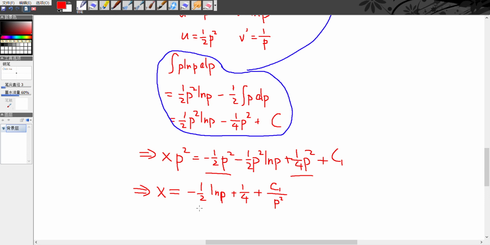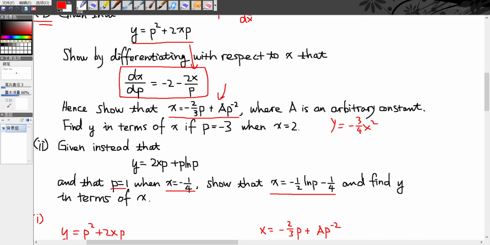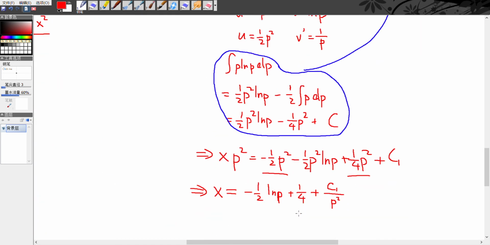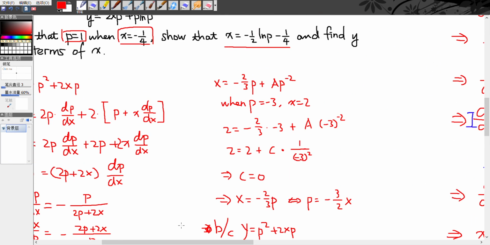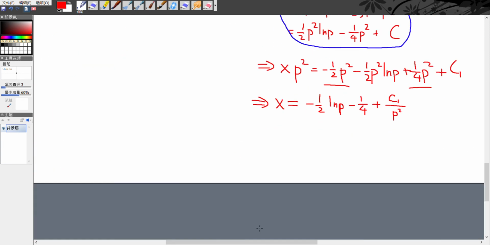So the initial condition for this differential equation is p equal to 1 when x is equal to negative 1 over 4.